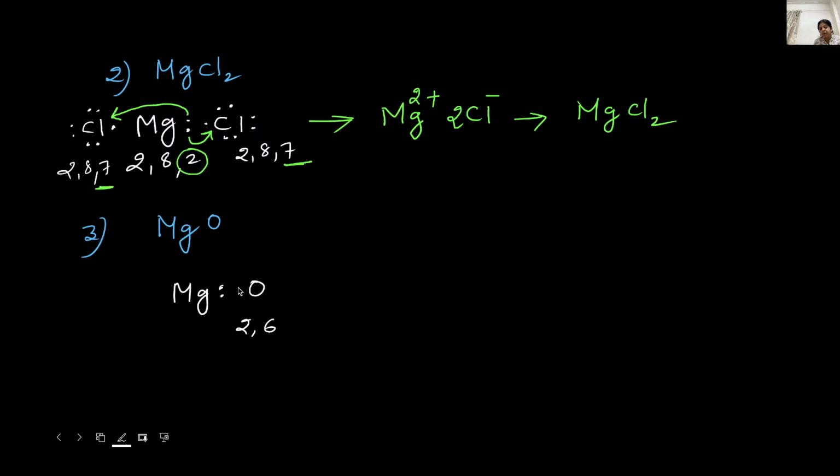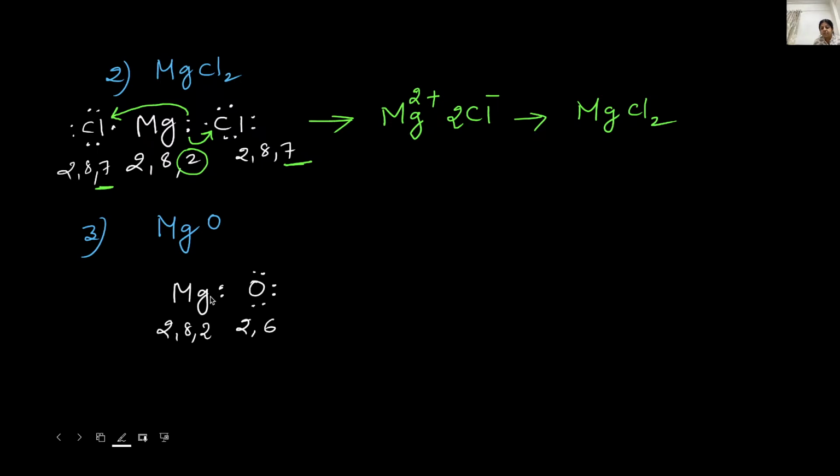So show here the 6 electrons present on the oxygen atom. Now you know that on magnesium there are 2 electrons in the valence shell.